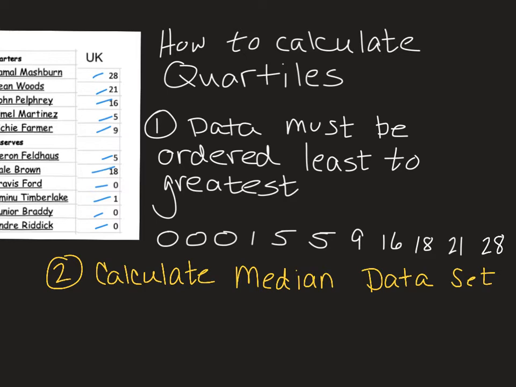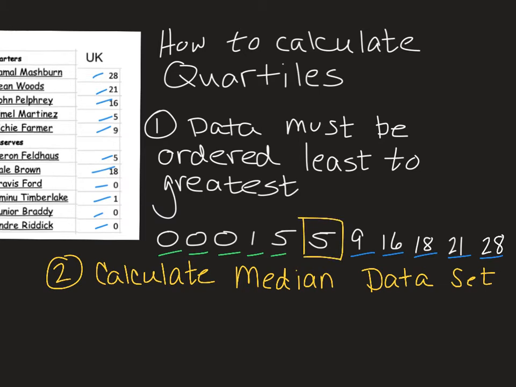So if I look at the first half of my data, I've got 1, 2, 3, 4, 5 numbers. In the back, I have 1, 2, 3, 4, and 5 numbers, which means that that number right there in the middle is 5.